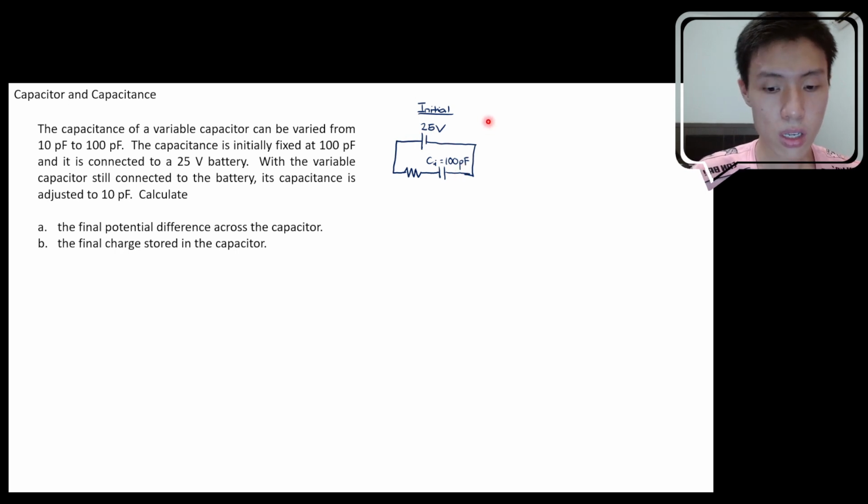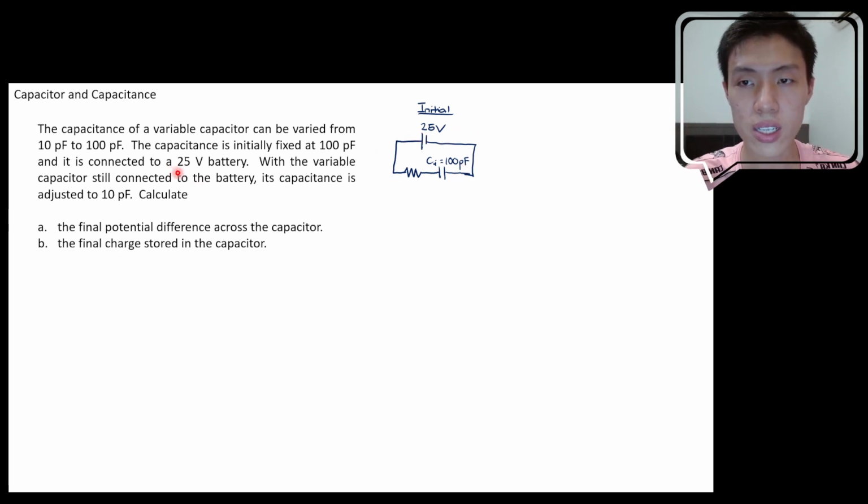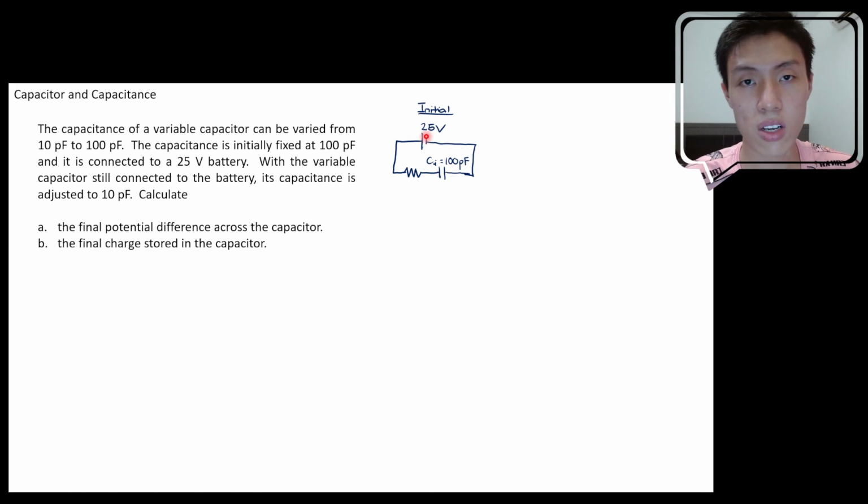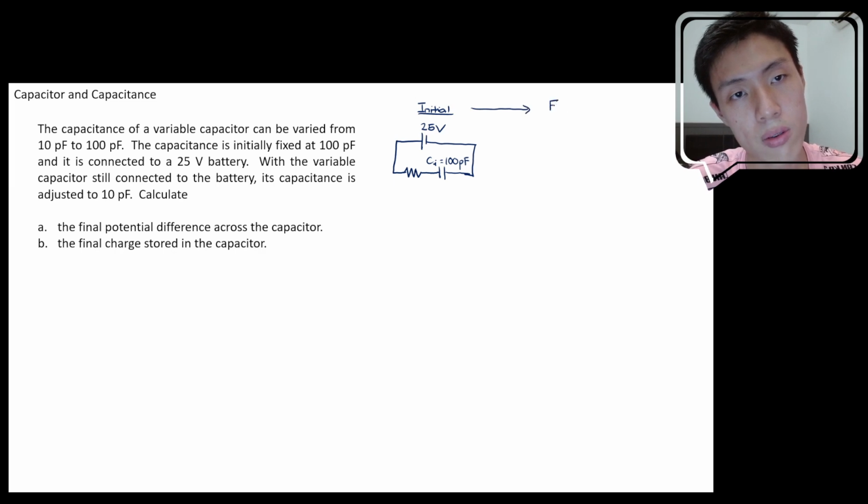So what we know is, if we do not disconnect the battery, if we remain connected to the battery, the voltage across the capacitor will still be equal to the voltage of the power supply. The voltage will not increase, the voltage will not decrease, it will remain at 25 volt. Because we are still connected to the battery, I'll still draw the battery here.